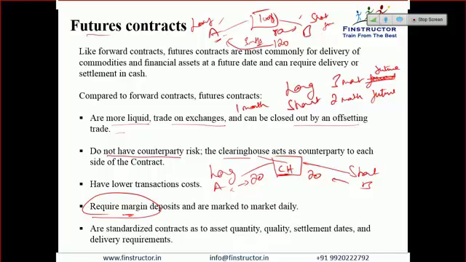What does this ensure? This ensures that in the future, even if B is in a loss of $10 and A has a gain, remember it's a zero-sum game, so one person's loss is going to be another counterparty's profit. So let's assume A gains $10, B loses $10, and B decides to run away. Will that have any problem for us?